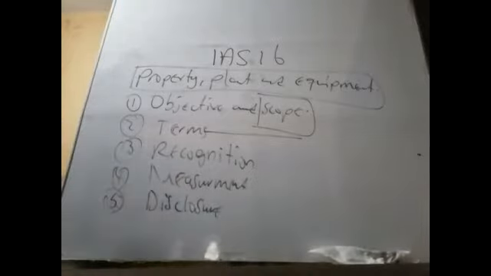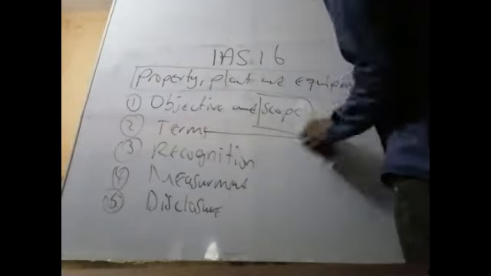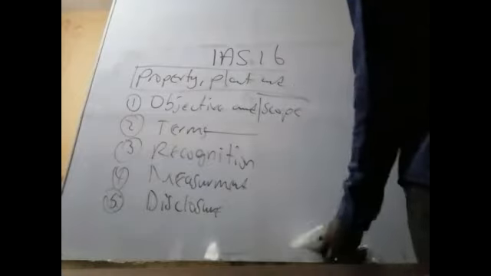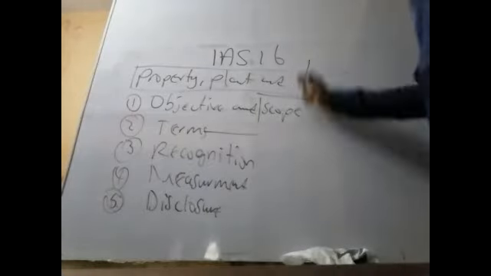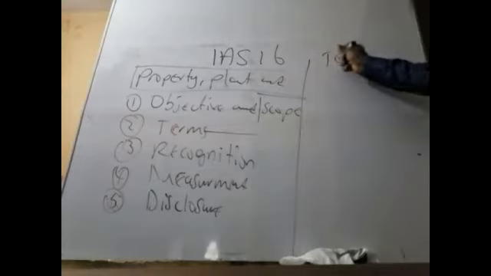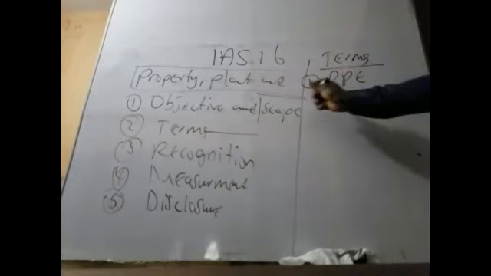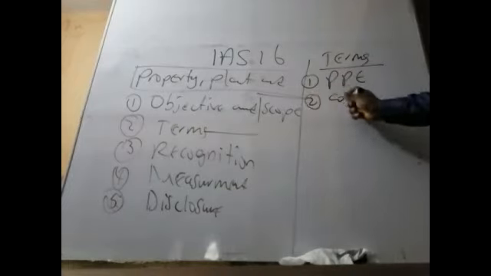Now the terms that you should know are, number one, the definition of PPE, the PPE itself. So let me list the terms here. One, the PPE itself, no shortcuts. Number two, cost.